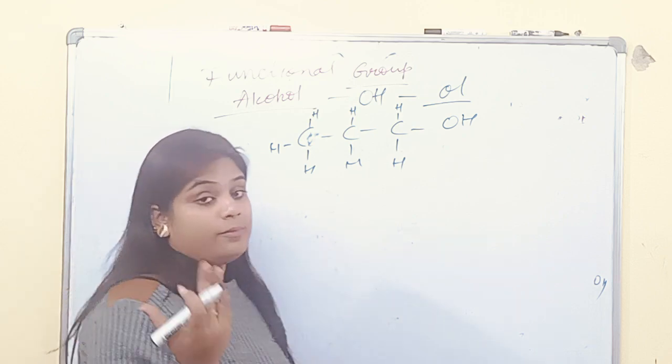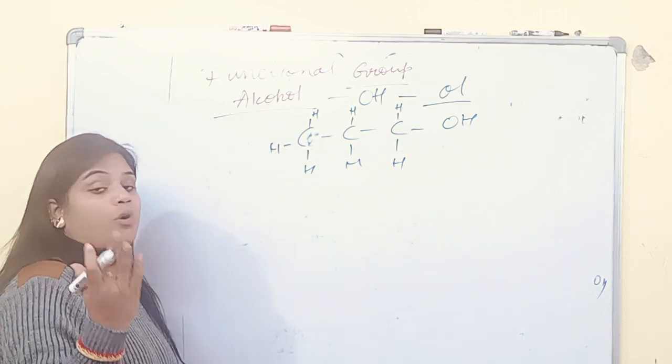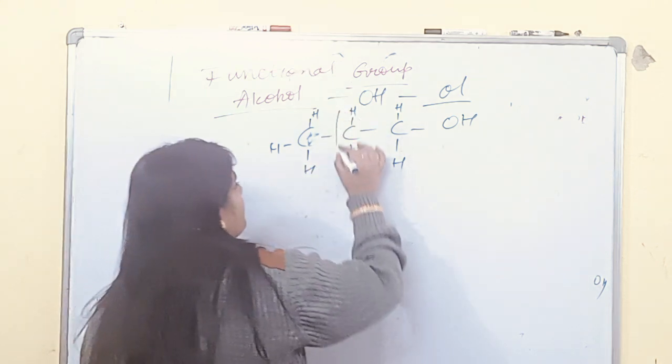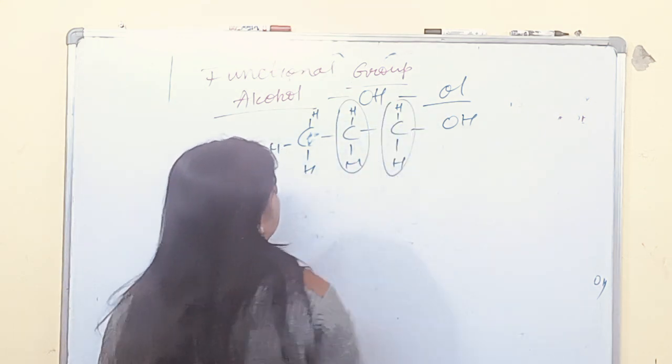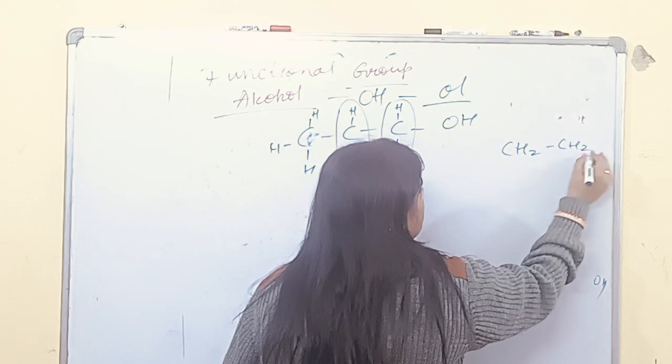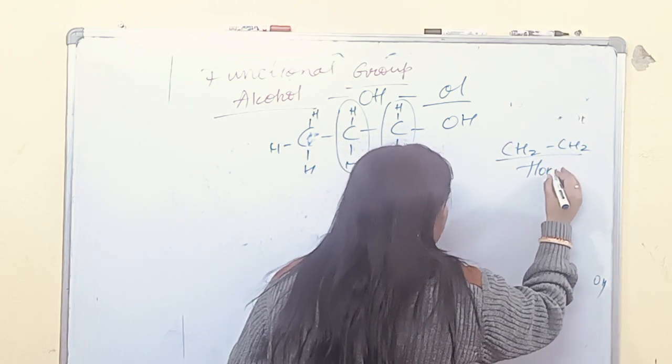Every carbon is sharing 4 bonds with the others, and in between there is CH2. This repeating CH2 group is a homologous series.